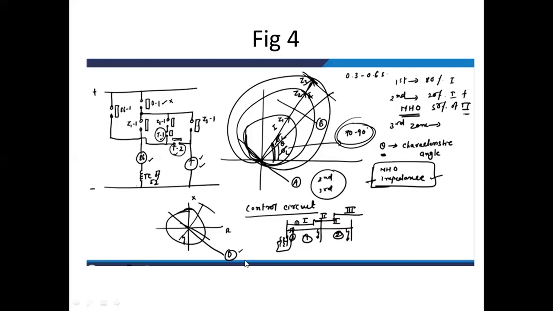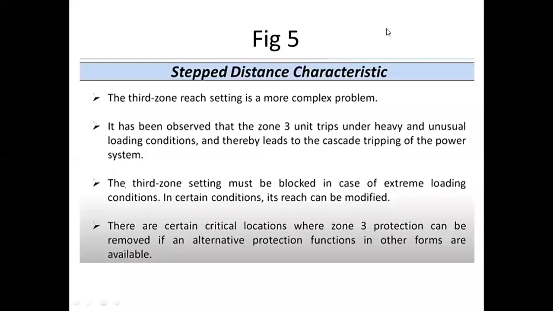So in case a fault occurs, Z1 operates, so this contact closes and energizes the coil of the auxiliary relay 86, which further energizes the trip circuit of the circuit breaker, and the circuit breaker opens.